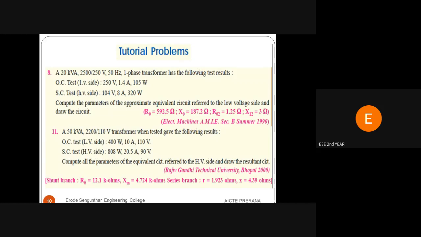Another problem: a 50 kVA, 2200 by 110 volt transformer when tested gave the following results: OC and SC test. You can get the equivalent circuit parameters and also draw the resultant equivalent circuit diagram.